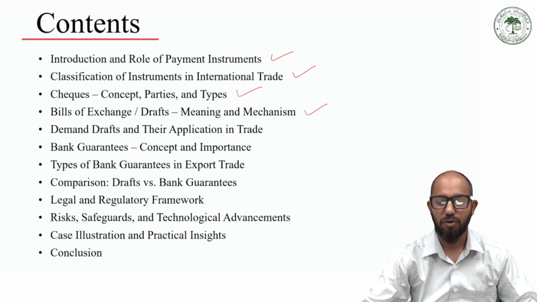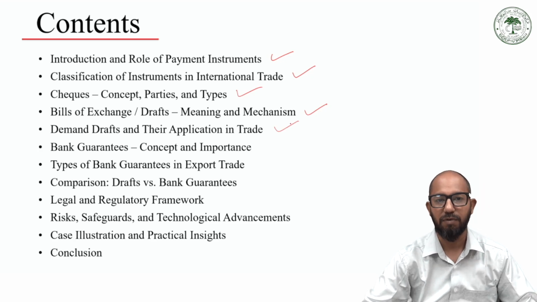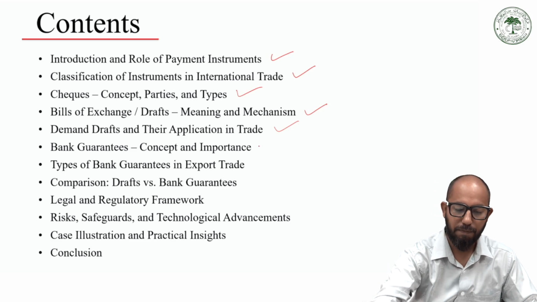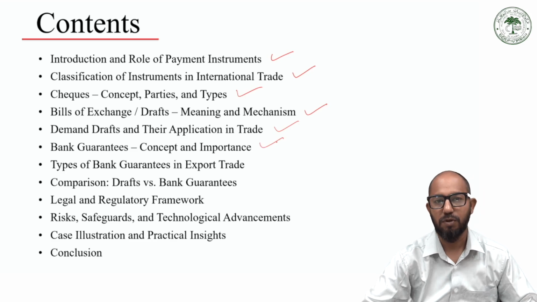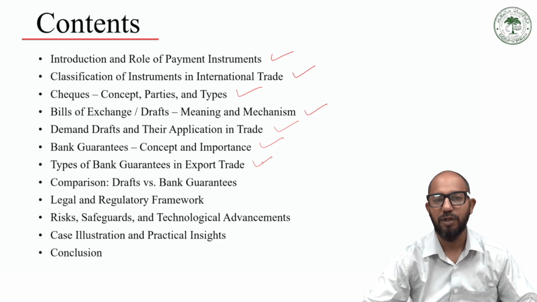Subsequently, we will talk about demand drafts and their application in trade. After that, we will focus on bank guarantees, its concept and importance, followed by types of bank guarantees used in export trade.